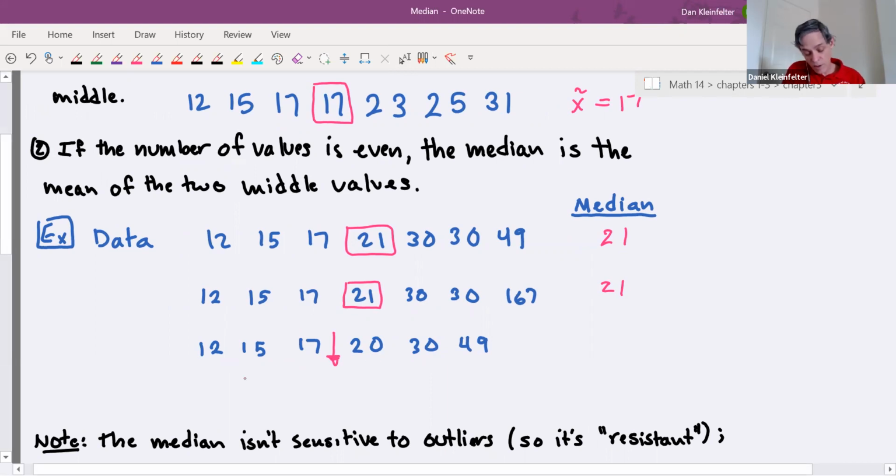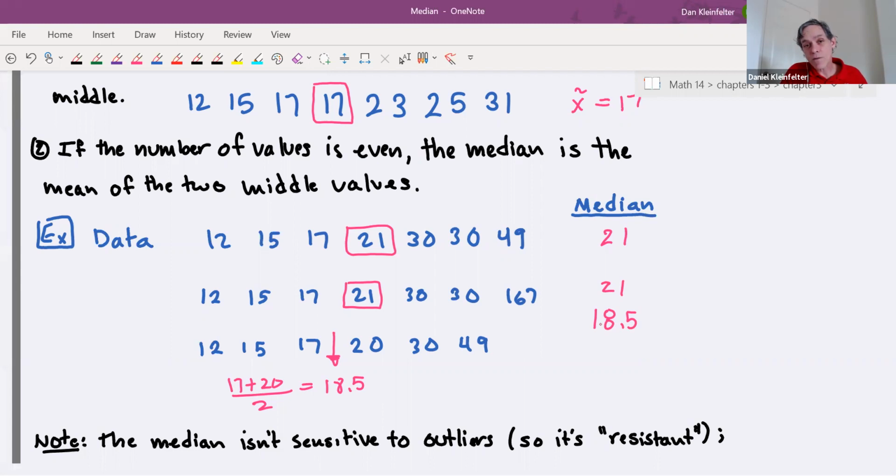So halfway between 17 and 20, we'll take 17 plus 20 and divide by 2. That's 18.5. Another way to think of that is that the difference between 17 and 20 is 3. Half of 3 is 1.5. So 17 plus 1.5 would be 18.5.